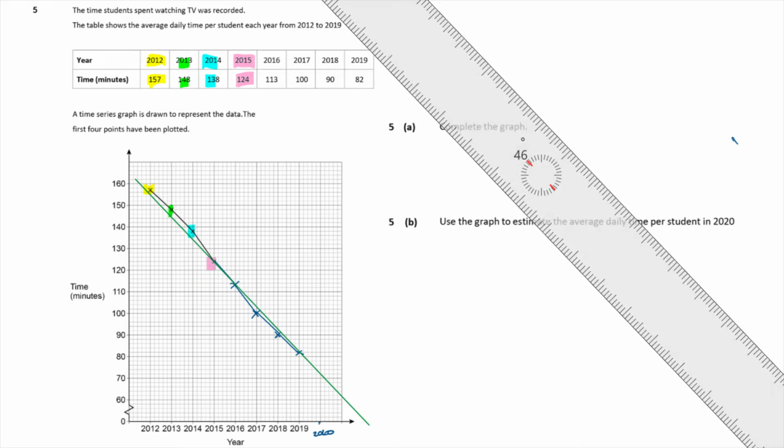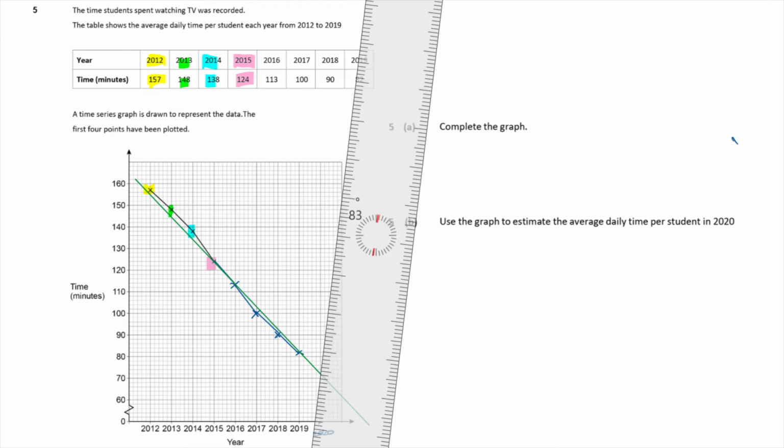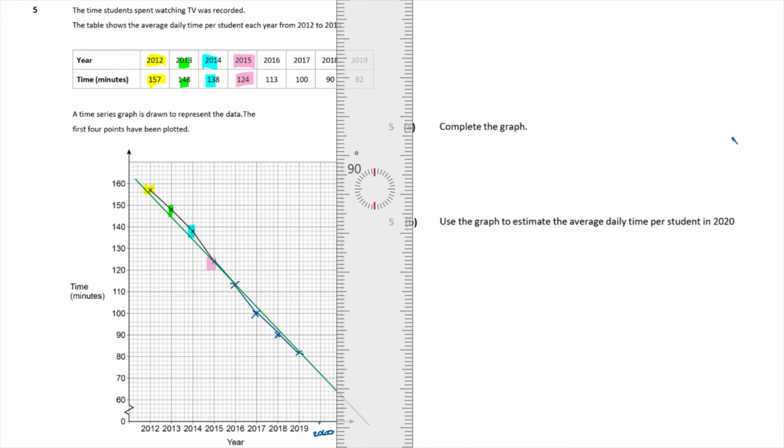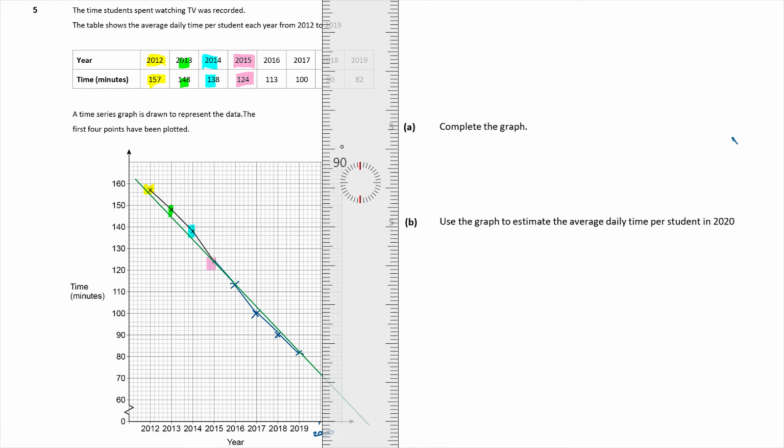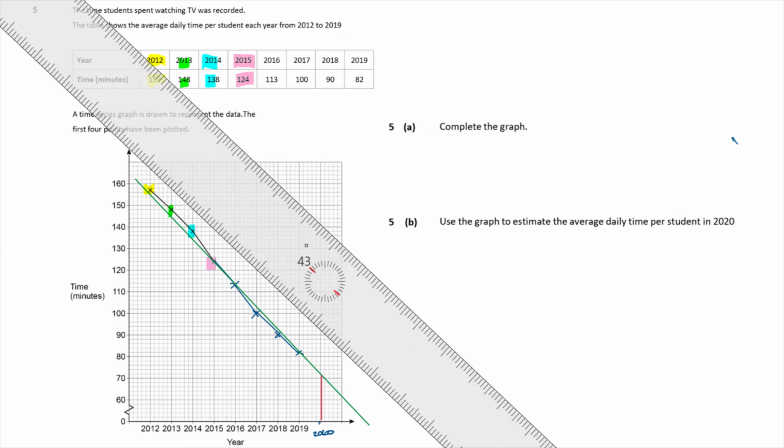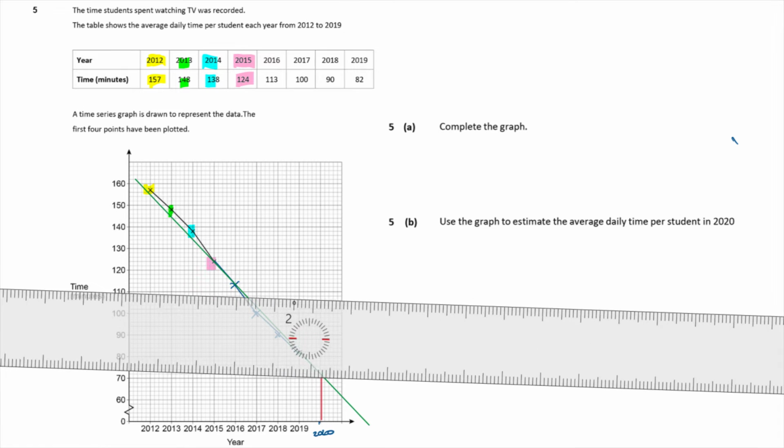2020. So taking my ruler, read it up to the line, and then along.